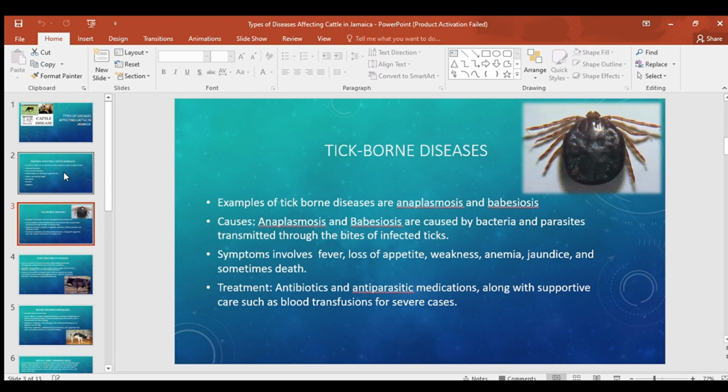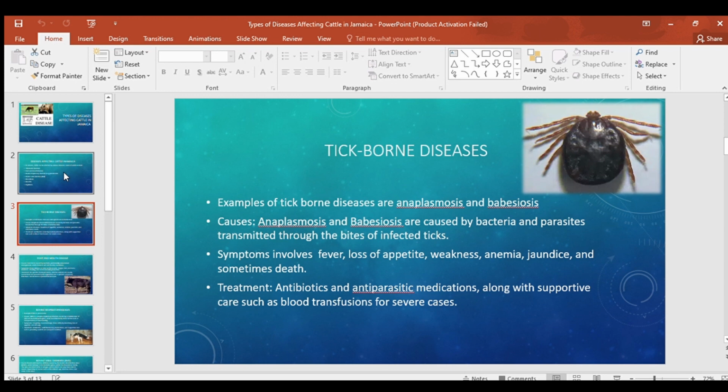So anaplasmosis and babesiosis are caused by those vector type of ticks. The symptoms involve fever, loss of appetite, weakness, anemia, jaundice, and jaundice is when the animal's eyes are yellow, and sometimes death.